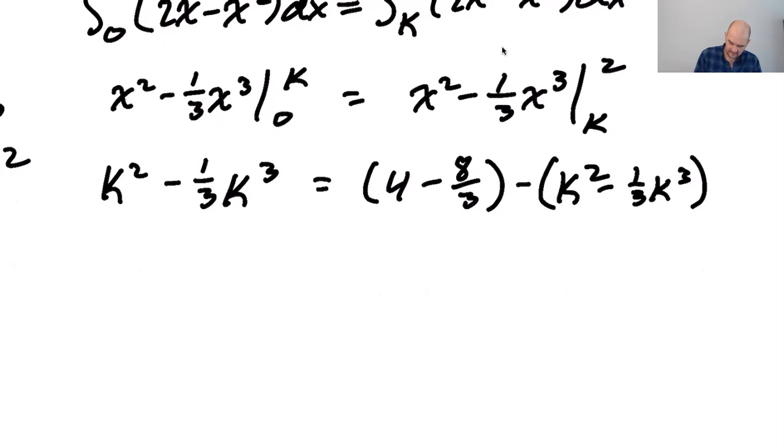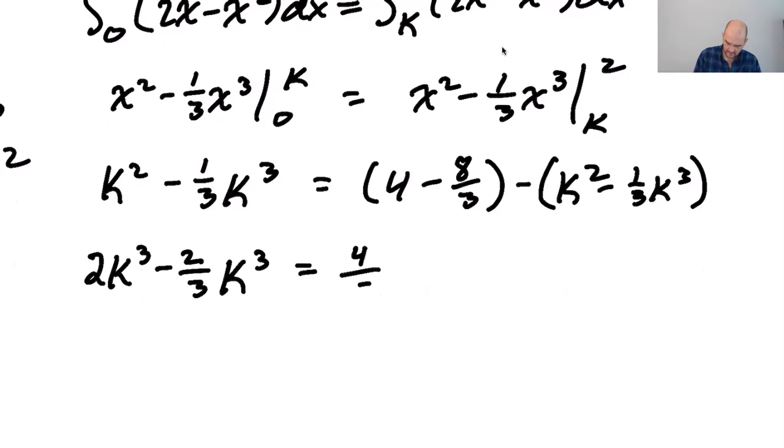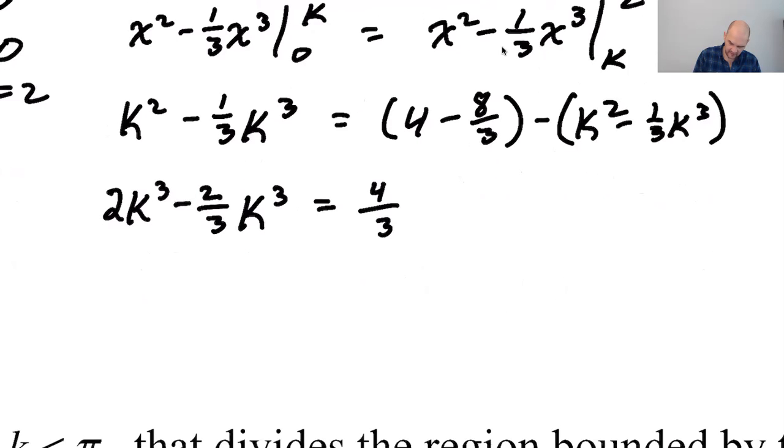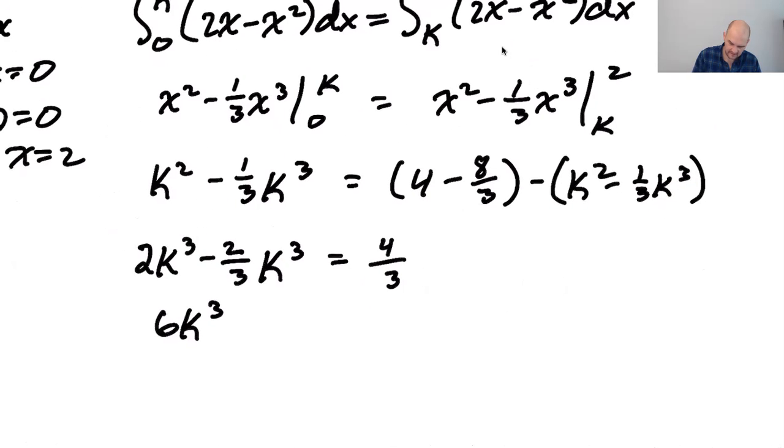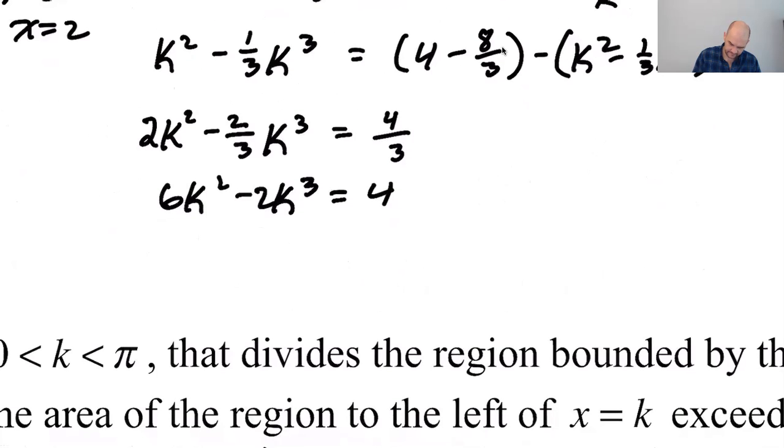Okay, so you get 2k squared minus 2/3 k cubed equals 4/3. Let's multiply by 3, and that'll get us 6k squared. How come everything's cubed all of a sudden? You're not cubed, you're squared. Okay, 6k squared minus 2k cubed equals 4.